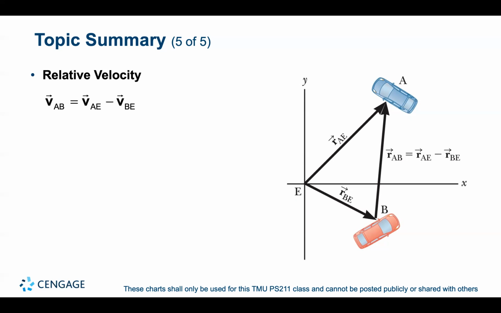The relative velocity equation can be derived from the figure by dividing the relative position equation by delta t and taking the limit as delta t goes to 0. Solving relative velocity problems involves identifying the velocities properly and labeling them correctly, substituting into the equation, then solving for the unknown quantities.